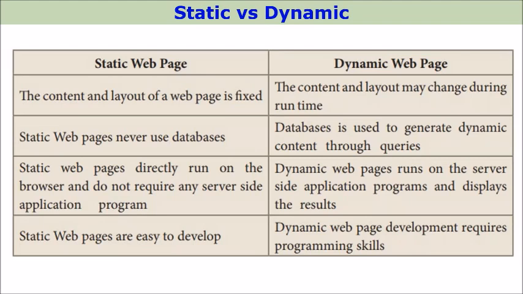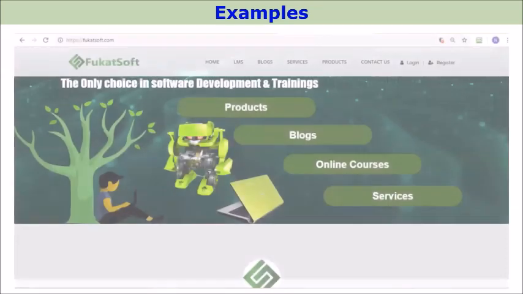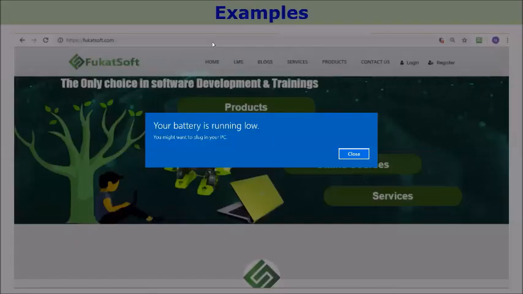Here, look at some example web pages for static and dynamic pages. The first static page, viewcastsoft.com, is one of the examples of static pages. They only give information like that.